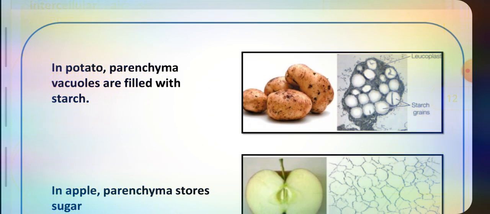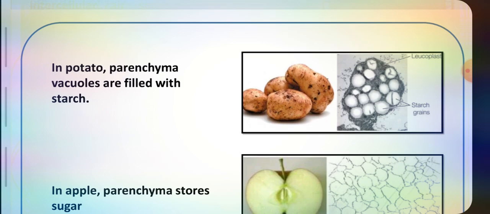So in potato, the parenchyma vacuoles, see, big vacuoles in potato. Parenchyma has big spaces. That vacuole is nothing but a big space, and it is filled with starch grains.